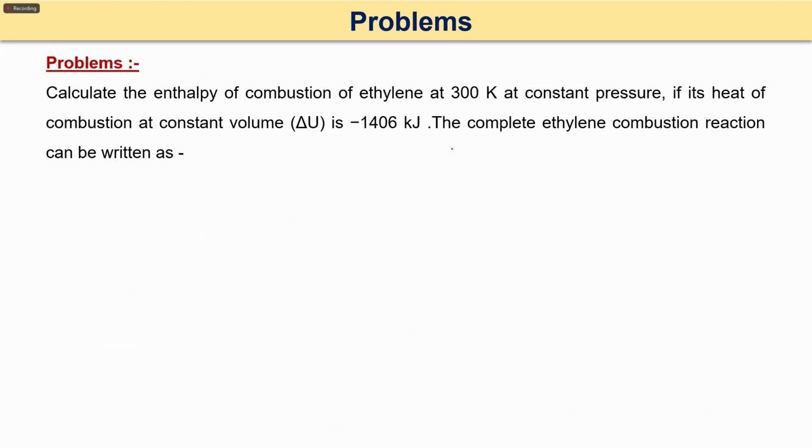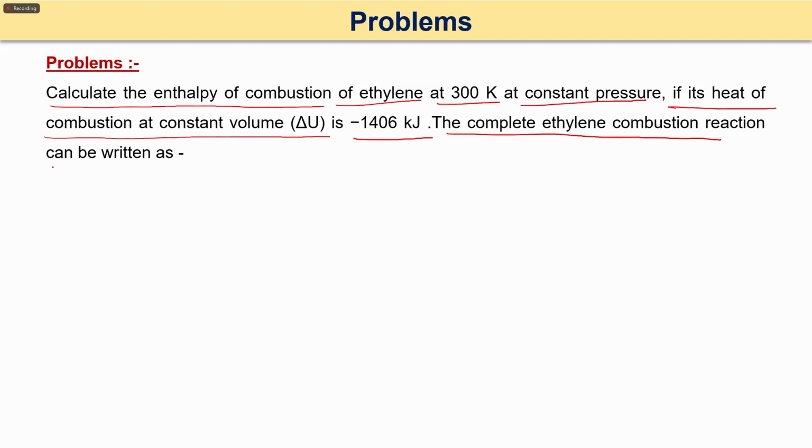Now let us solve a problem. Here it is given: calculate the enthalpy of combustion of ethylene at 300 Kelvin temperature at constant pressure, if its heat of combustion at constant volume, that is delta U, is minus 1406 kilojoule. The complete ethylene combustion reaction can be written as follows.